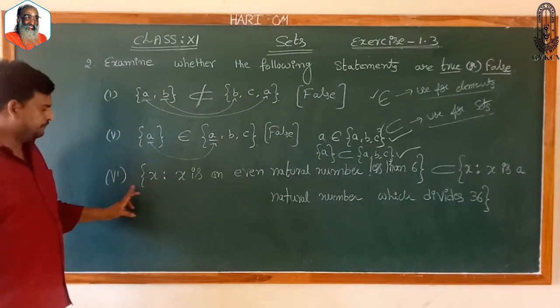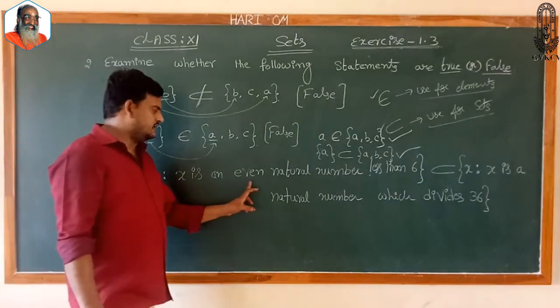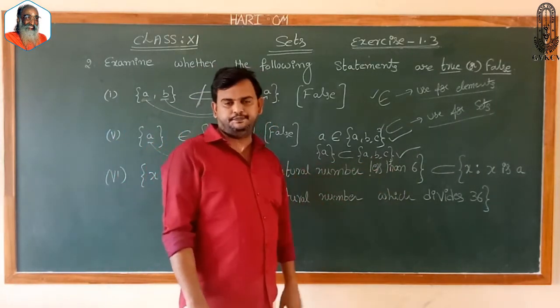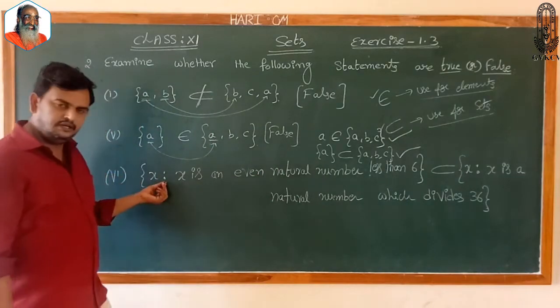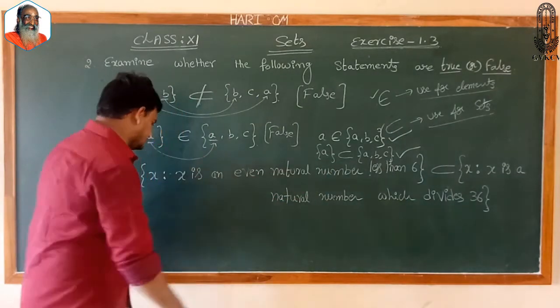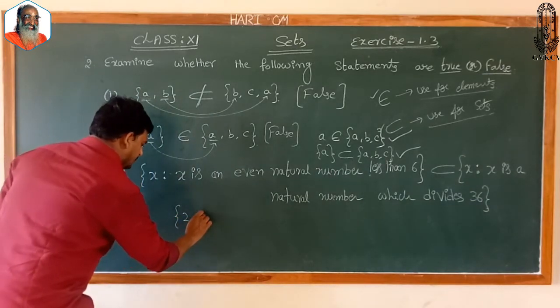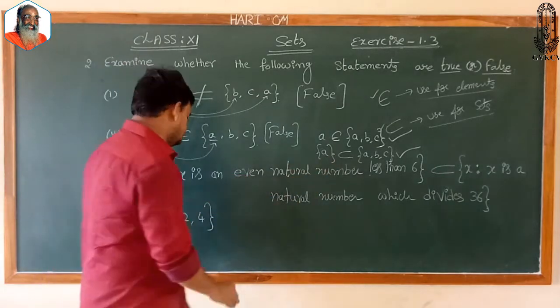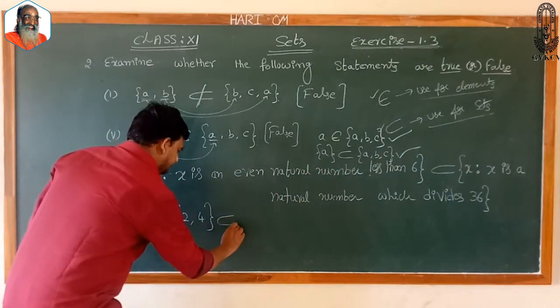And the last one. X such that x is an even natural number less than 6. What do we have here? 2, 4. They gave the subset symbol.